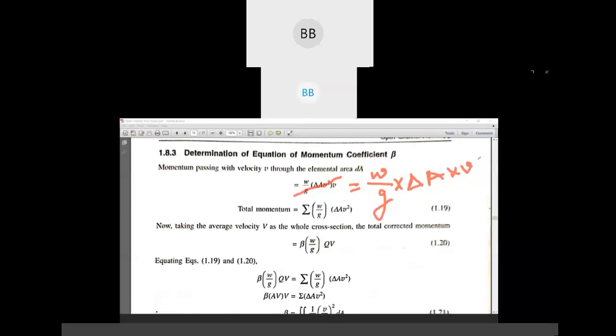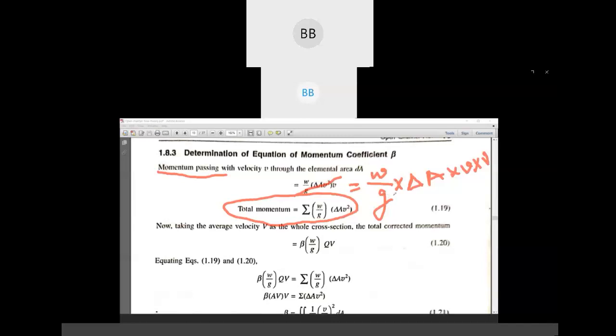Then if you consider momentum, we have to multiply the mass by velocity, so there will be one more velocity. Here it is written v square, but this will be only a single v. After multiplying these two, only then is it v square. So strike out this equation and write this equation.